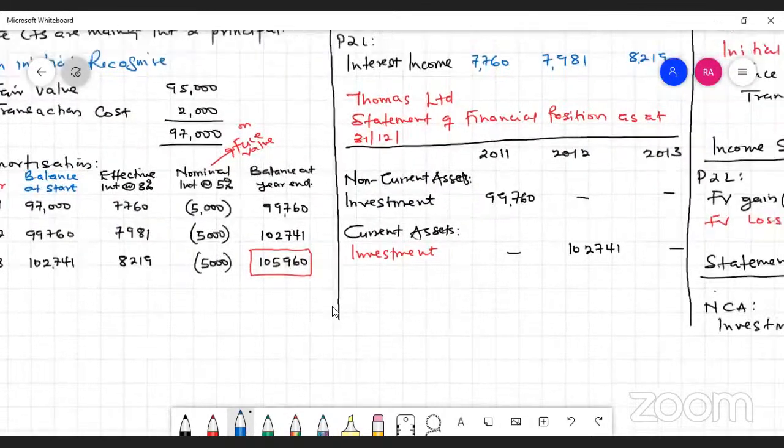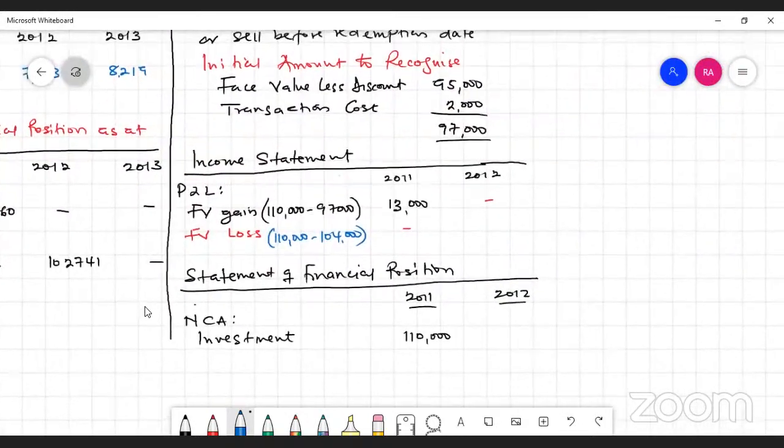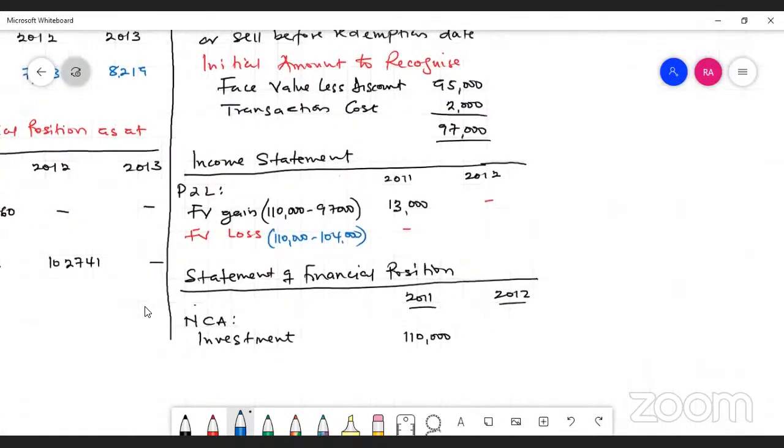So that will give us 6,000. Okay. So this one will be 104,000. So that is the statement of financial position as well.